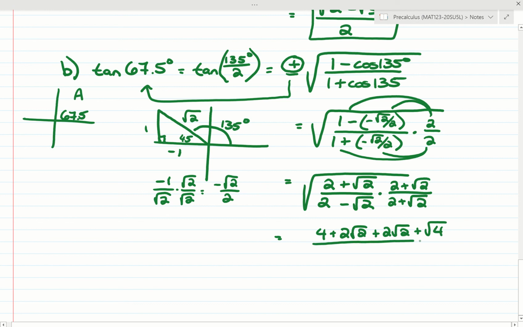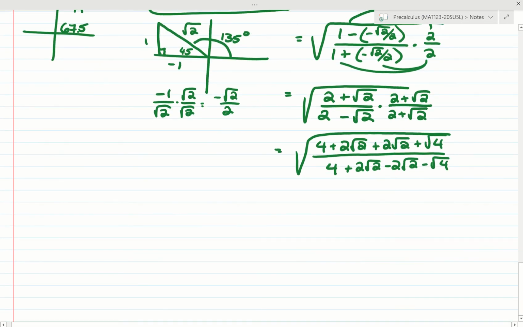And in the denominator, we're going to have 4 plus 2 root 2 minus 2 root 2 minus the square root of 4. All right, let's start cleaning it up a little bit. On top, we're going to have 4 plus the square root of 4. So I'll combine these terms: 4 plus the square root of 4 is 6 plus 4 root 2. That's our numerator.